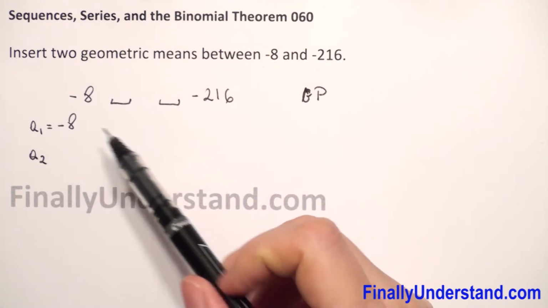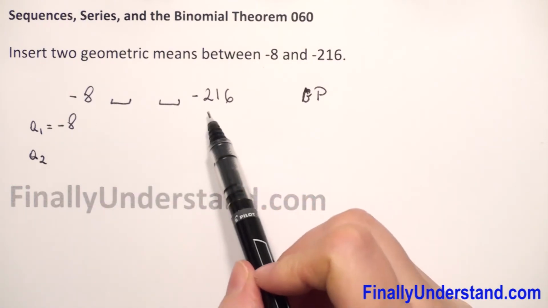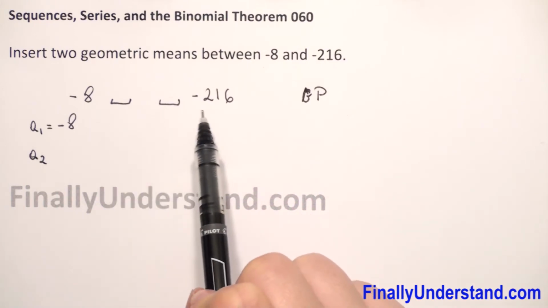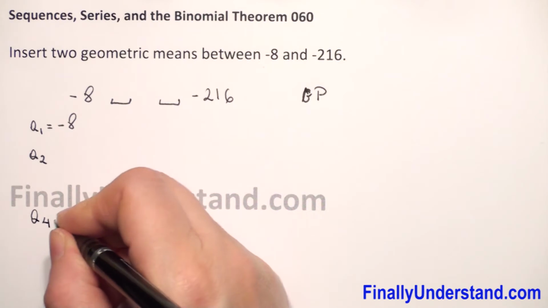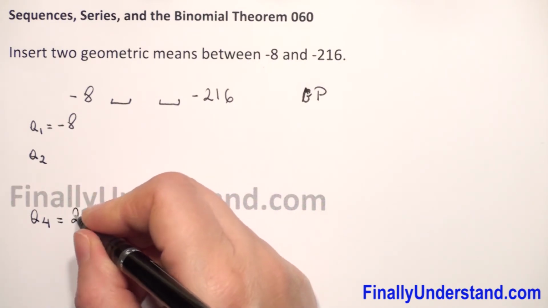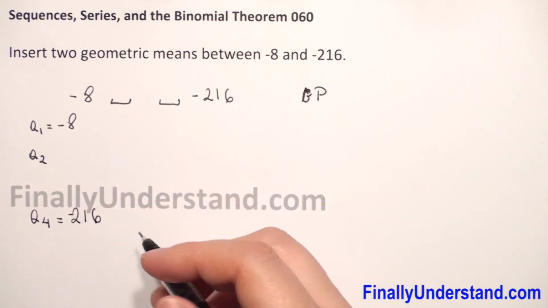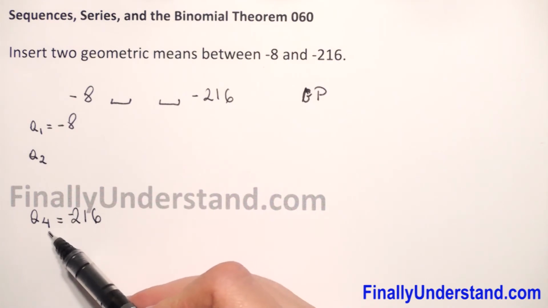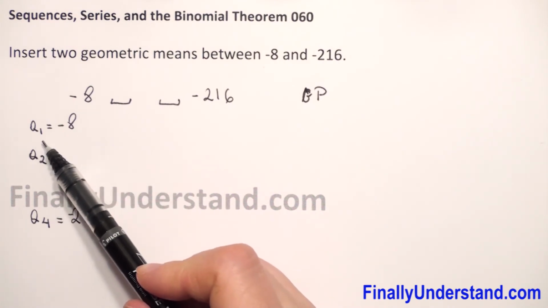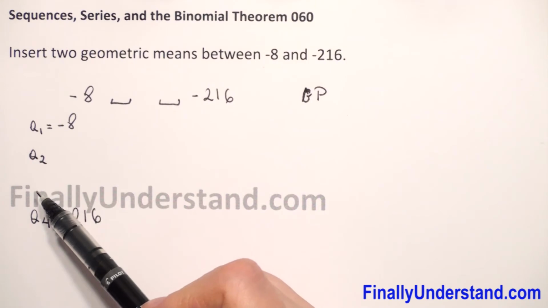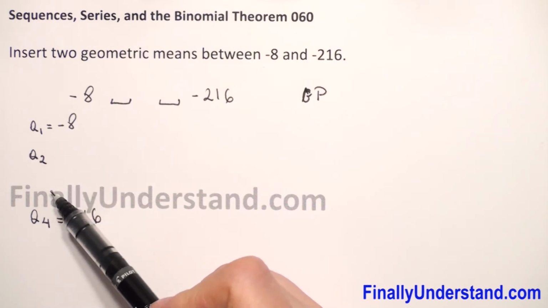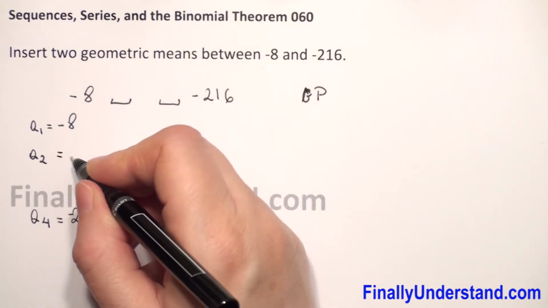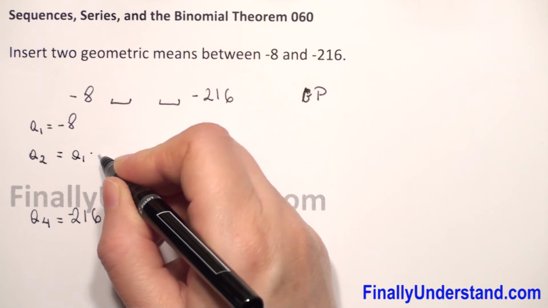Because we have here the first term and the last term, in this example the fourth term, 1, 2, 3, 4, A4 is given as -216. So when we have A4 and A1, we can calculate r, because when we have r, we can find the second and the third term, because the second will be A1 times r.